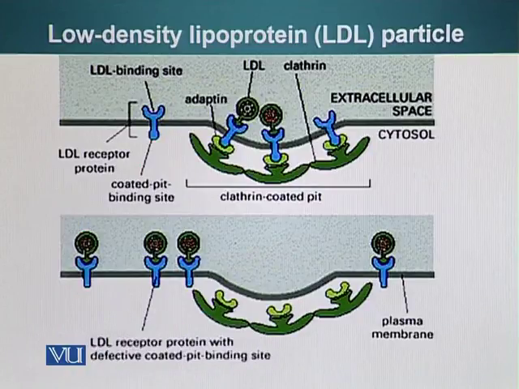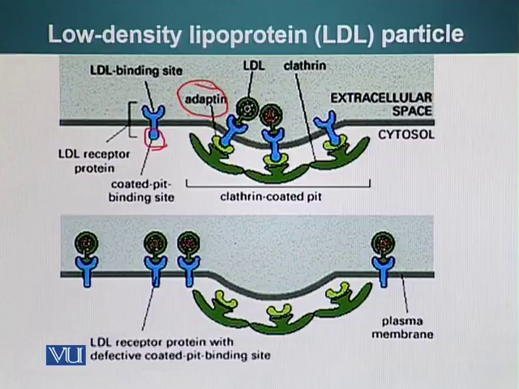So here's what happens. When LDL binds the LDL receptor, it causes a conformational change in the cytoplasmic domain of this receptor, which is recognized by a protein called adaptin. If you want to think of it, adaptin is basically an adapter that will link this receptor to the clathrin molecules, which are the coat molecules.